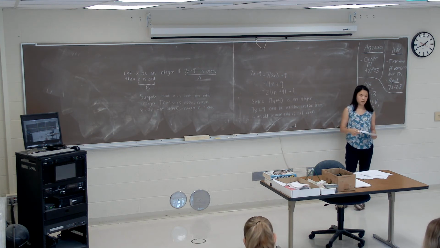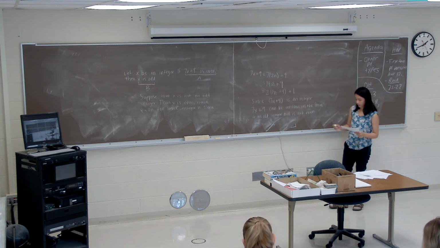And thus we know by contrapositive that if 7x plus 9 is even, then x is odd.